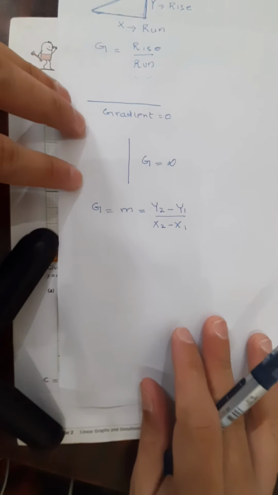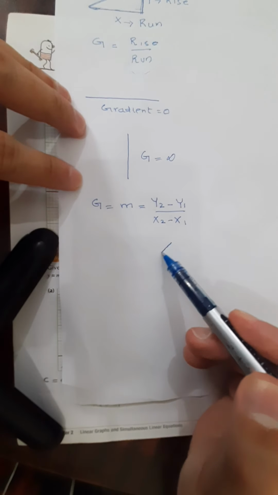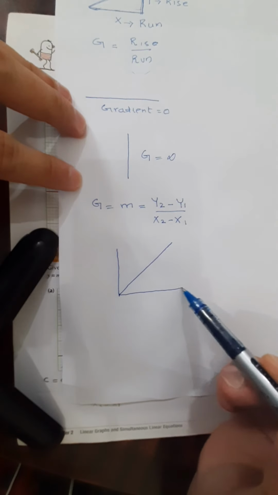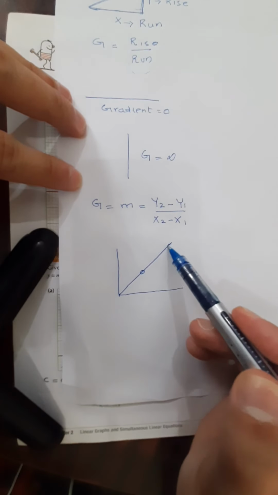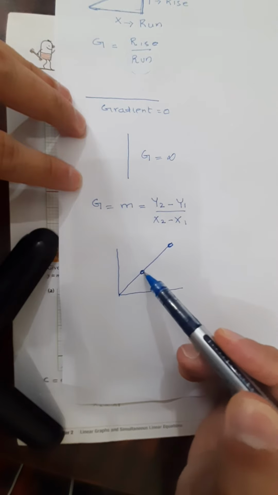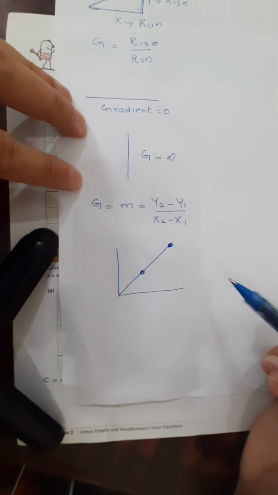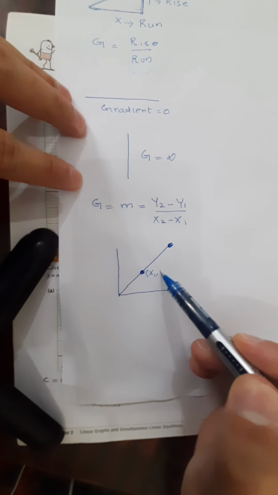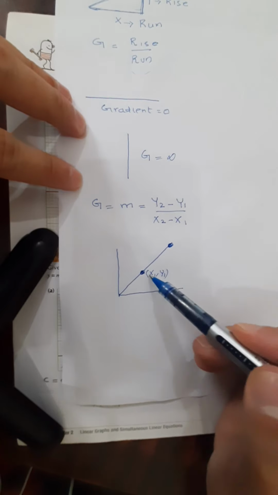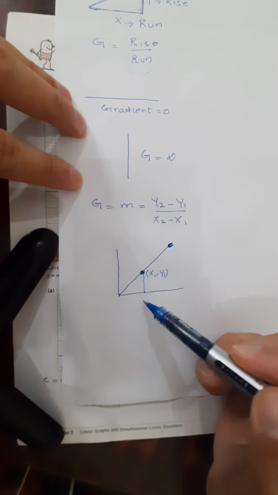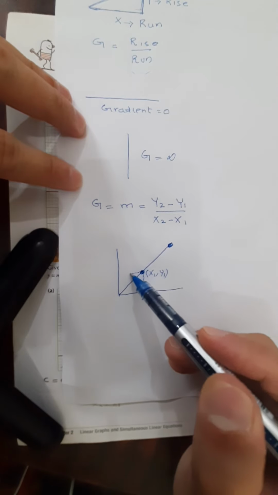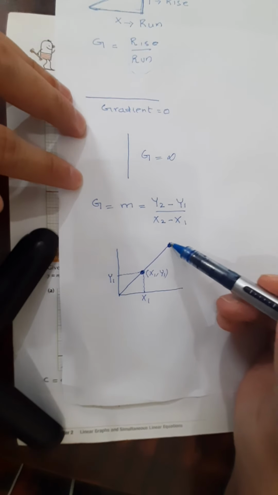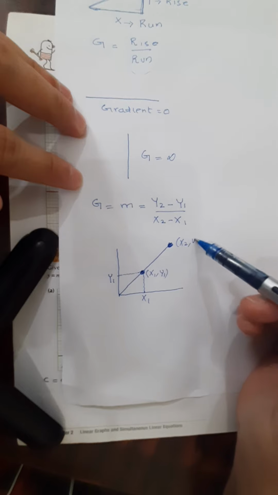Now what is y2, y1 and x2, x1? If we have a line on a graph, then there are 2 points. To find a gradient, you have to choose 2 points on the line. This point has x1, y1: the value of x is x1 and the value of y at this point is y1, whereas the second point has x2, y2.